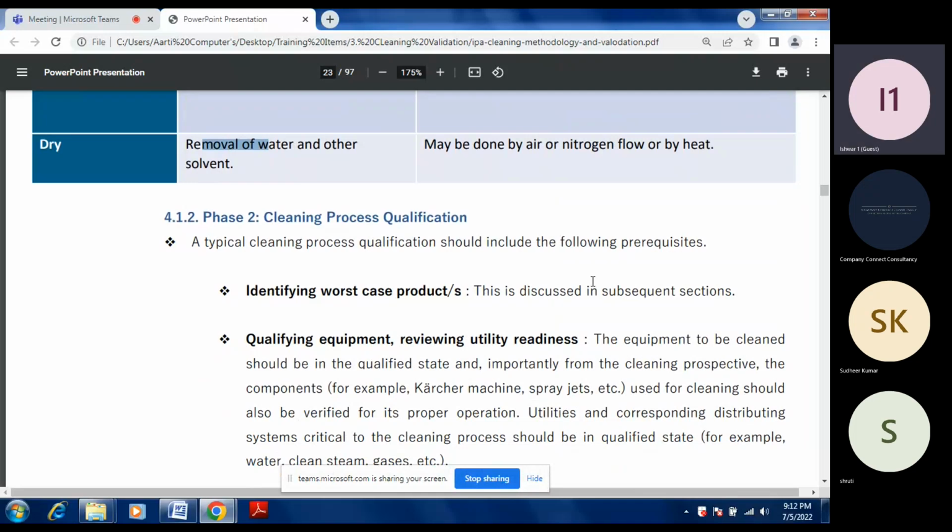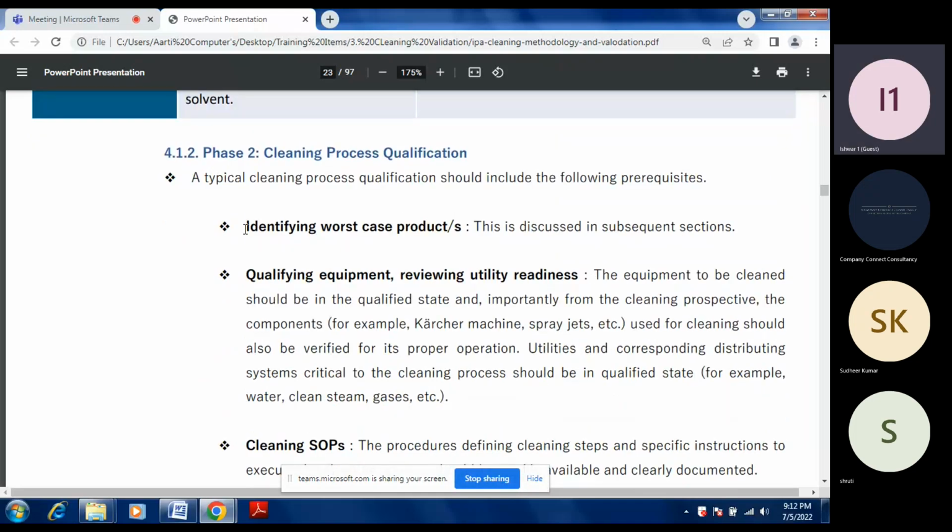Cleaning process qualification. First identify the worst case of the products. As we discussed earlier, we identify the worst case product by the solubility of the products, PDE value, 10 ppm criteria, theoretical daily dose criteria, toxicological data criteria, and also visual inspection of the equipment.